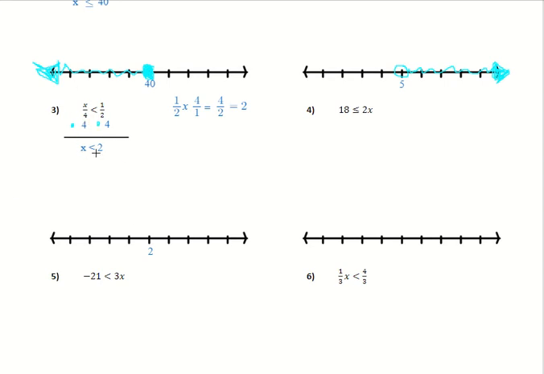And then because I don't have an equal, it's just less than, not less than or equal to, I'm going to have an open circle, and I want my x values to be less than 2, so I'm going to shade to the left. This is, again, going to represent all of the numbers that I could put in for x that would make this inequality be true.